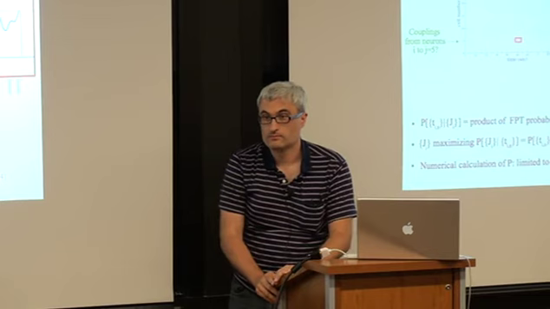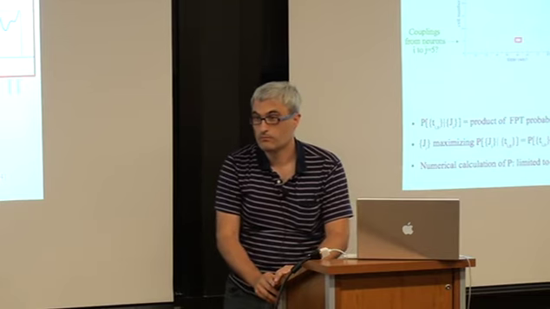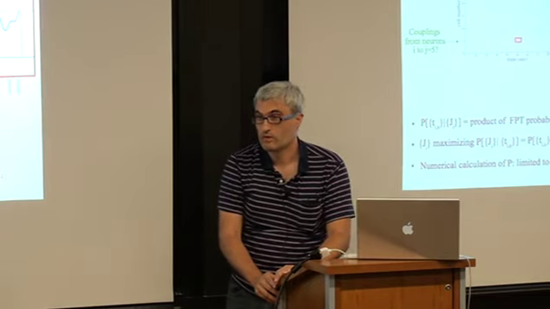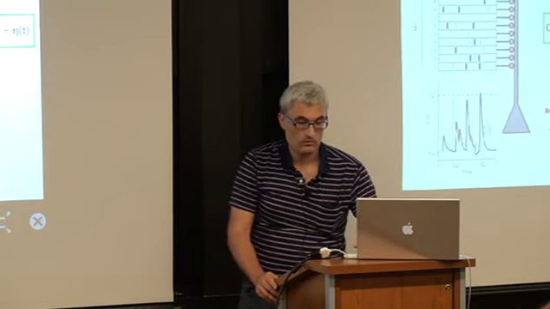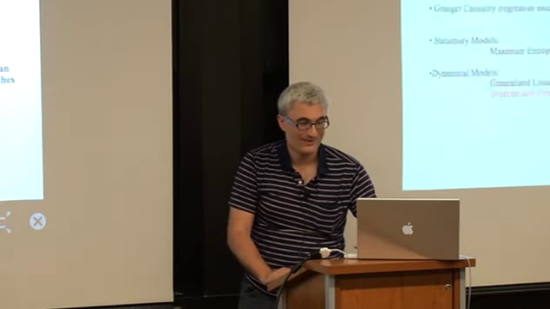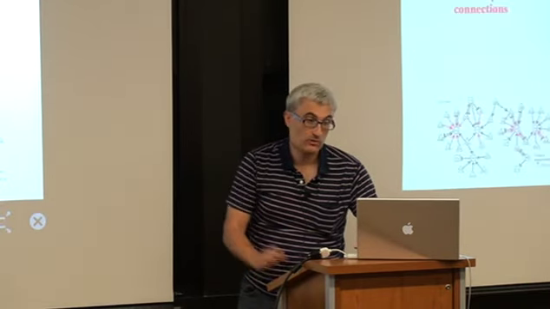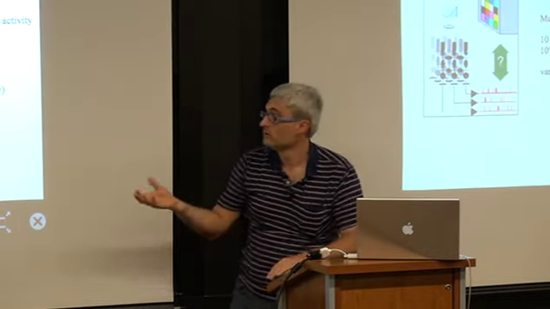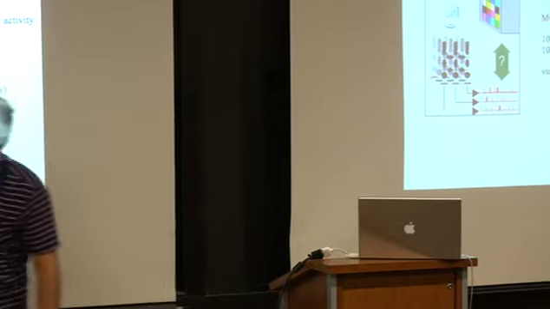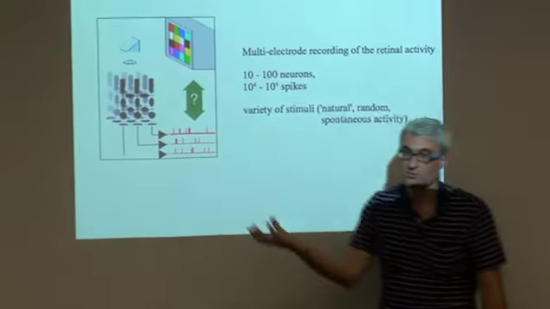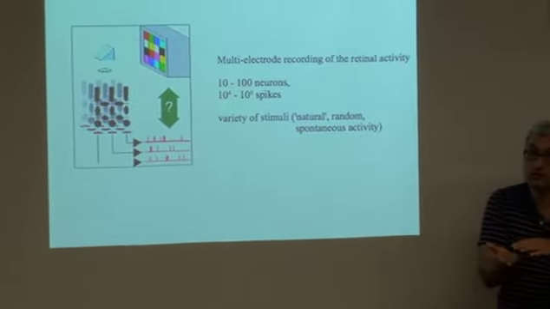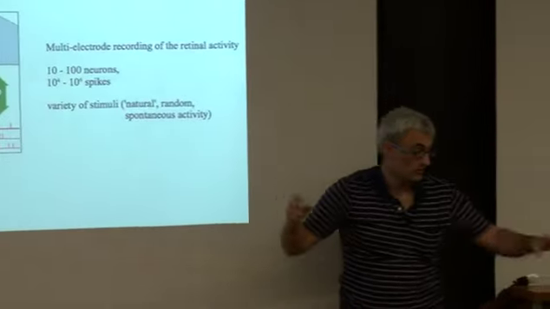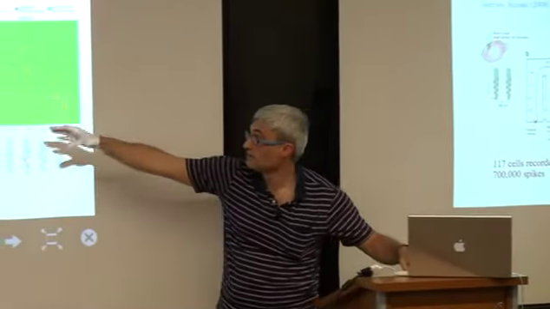I'm sorry, I came in late. Did you explain how you do this measurement for a large number of cells? Well, I'm not doing it myself, but I said very briefly at the beginning that people use a multielectrode array. That's just a picture of the multielectrode array here, which is just put under the retina, for instance, but it could be in cortical systems where people use electrodes here.